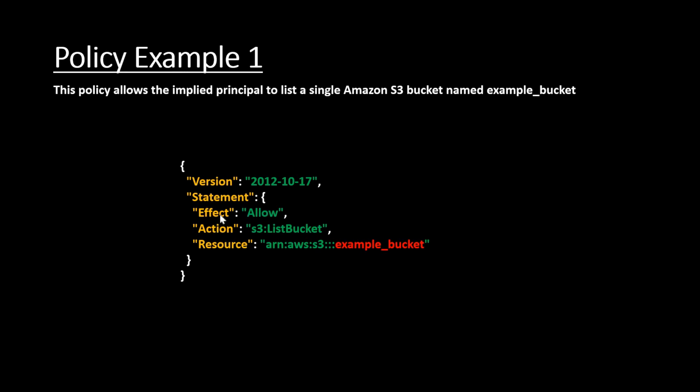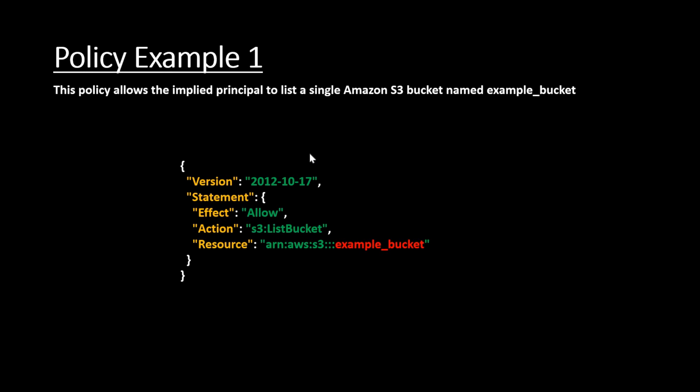We are saying that this policy allows the action S3 list bucket to this resource example bucket, meaning in this example bucket we have the action list bucket allowed, and this policy will be attached to an identity like an IAM user or IAM role, and that identity will be allowed to list this bucket.